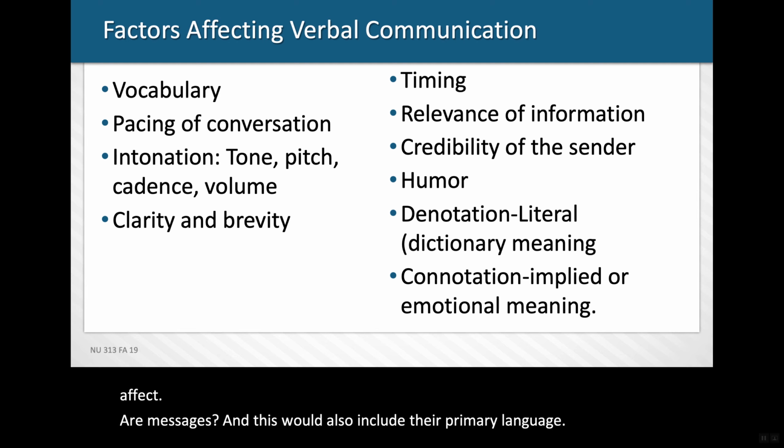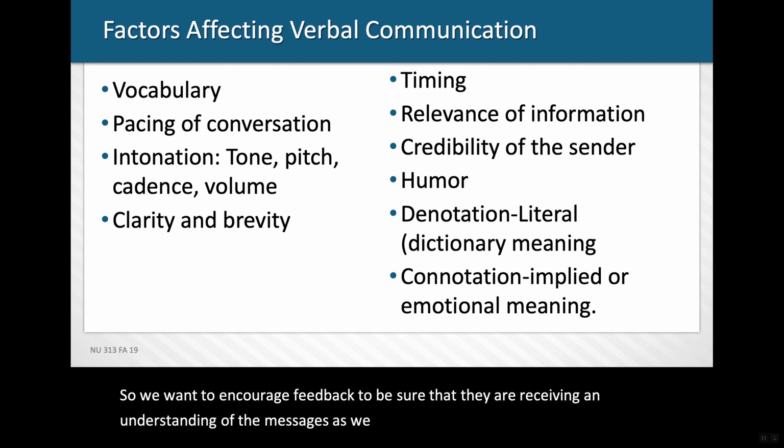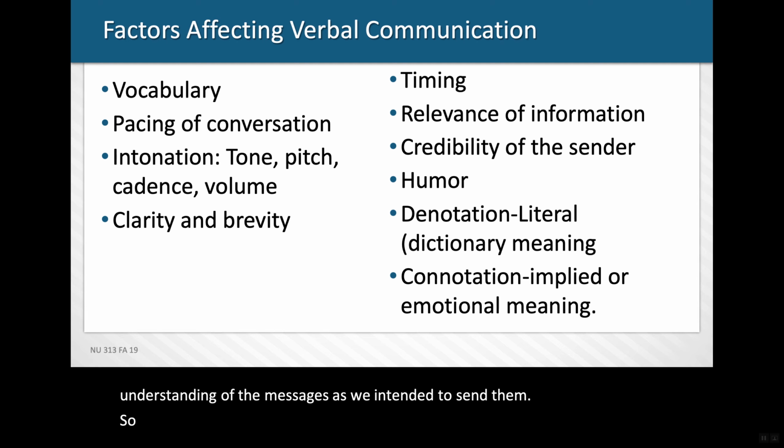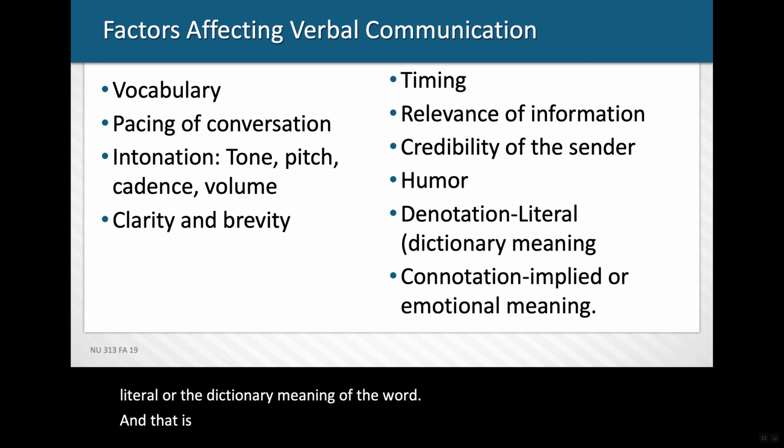So we want to encourage feedback to be sure that they're receiving and understanding the messages as we intended to send them. So there's denotative and connotative meaning. Denotation is basically the literal or the dictionary meaning of the word. And that is in contrast to the connotation, which is the implied or emotional meaning of the word in the context in which it's being used.